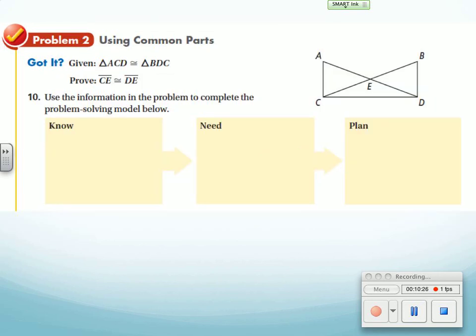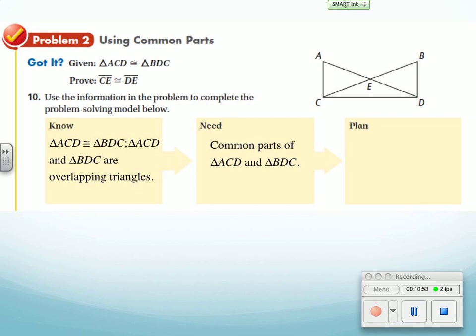Now we can use common parts to prove triangles or parts of triangles are congruent. So I'm saying that triangle ACD, this is given, is congruent to triangle BDC. I want to prove that CE is congruent to DE. So let's look at what we know. We know that triangle ACD is congruent to BDC, and triangle ACD and BDC are overlapping triangles.